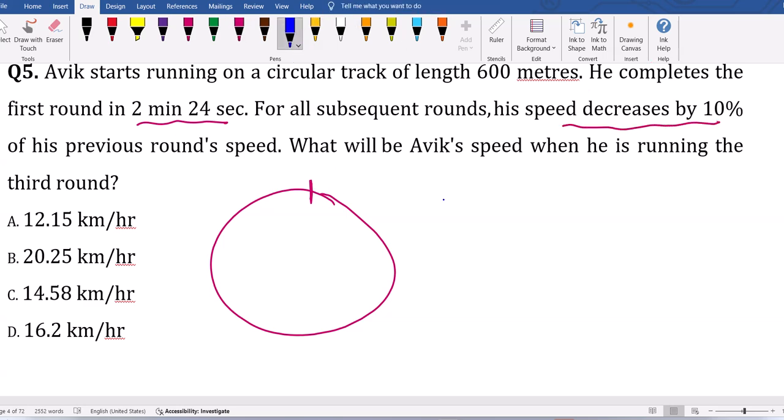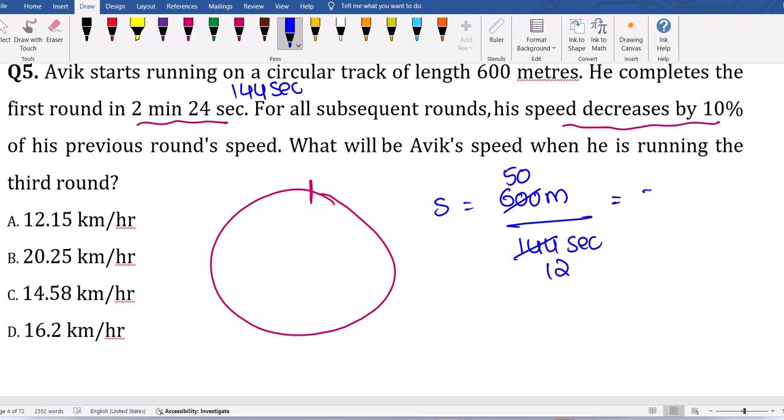So first of all, your initial speed: you're traveling 600 meters, 2 minutes 24 seconds means 144 seconds. Convert this into seconds, 144 seconds, right? So 600 divided by 144 is 25 divided by 6 meter per second.